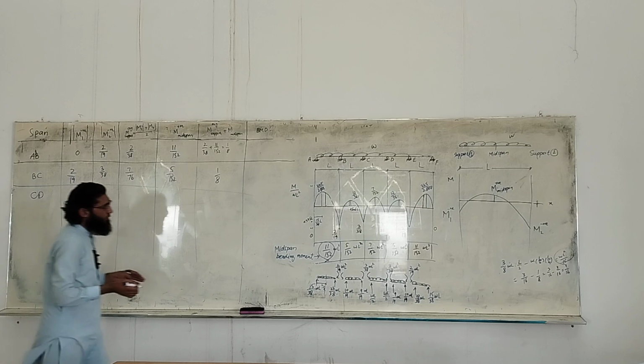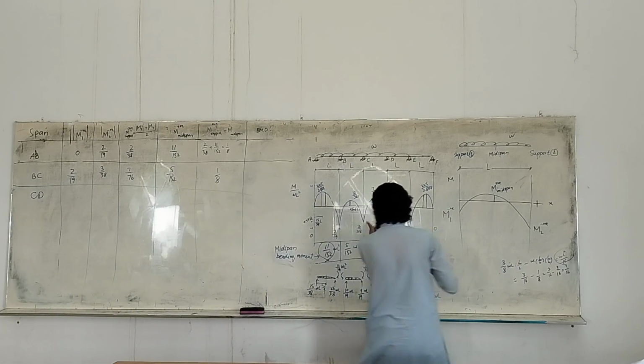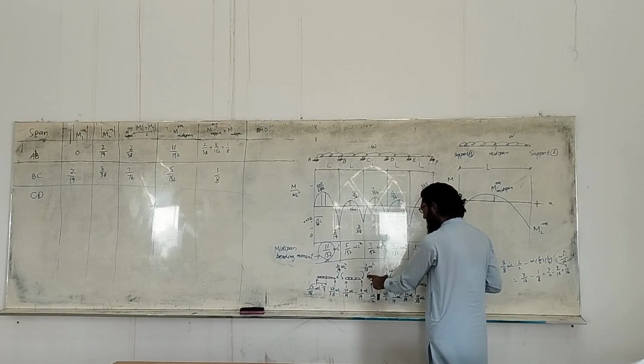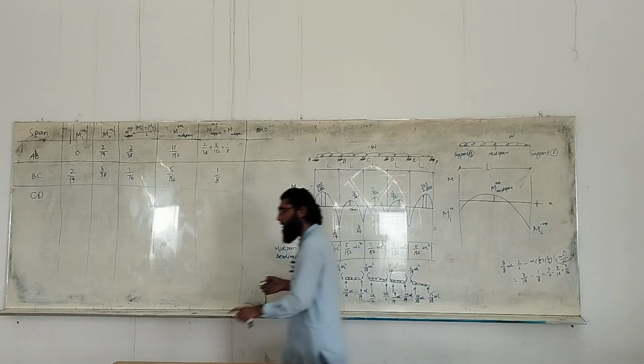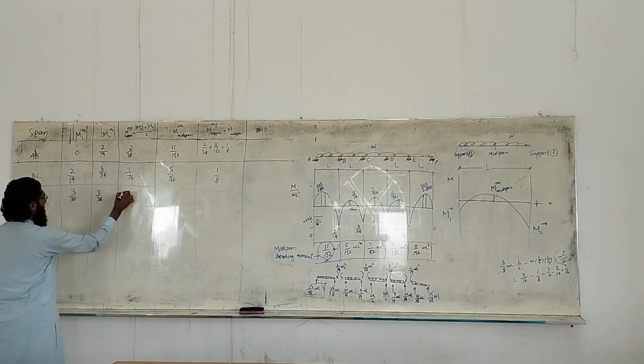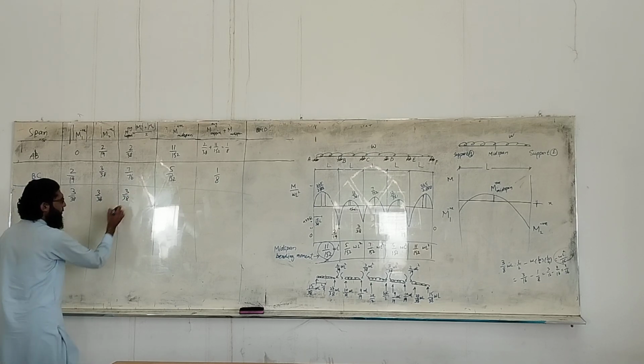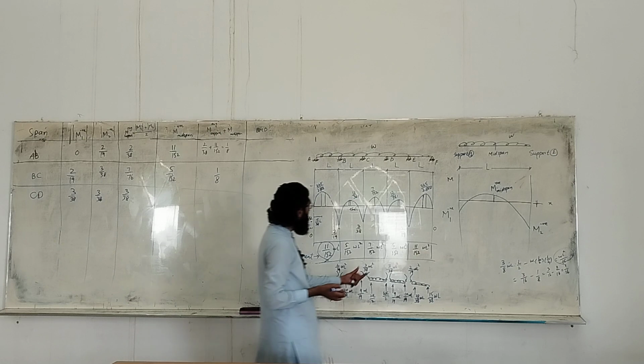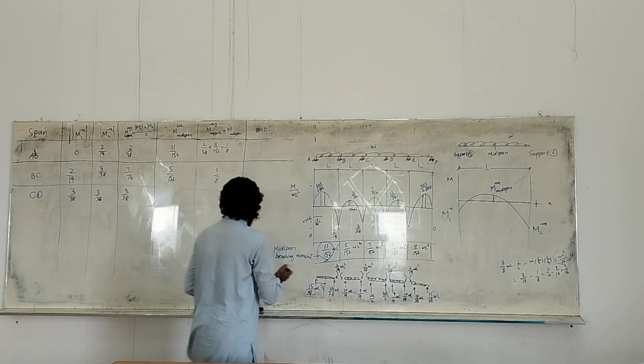Okay, next, CD span. So this is the CD span. The end moments are 3 by 38 and 3 by 38. Okay, 3 by 38 WL square and 3 by 38 WL square. So the average is of course 3 by 38. What about the mid-span moment? 7 by 152.